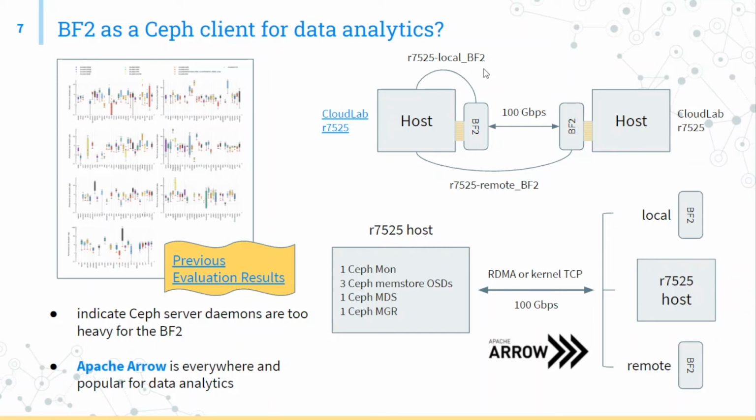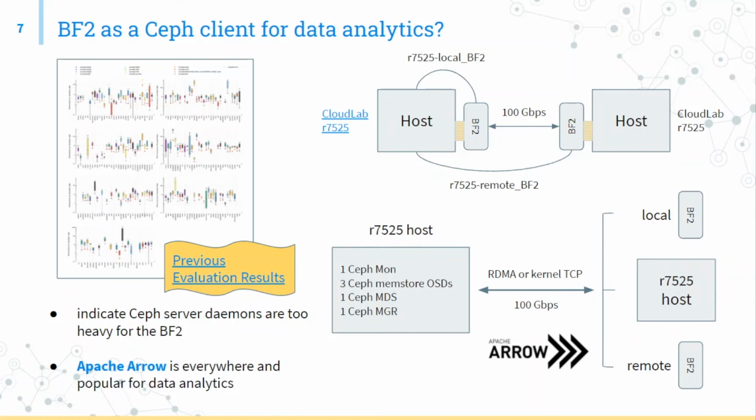Since Apache Arrow is a popular software already being used in many data analytics projects, we also used Arrow in our evaluation. The test infrastructure is shown in the upper right figure. We used two R7525 hosts from CloudLab. Each host has a BlueField-2 card.